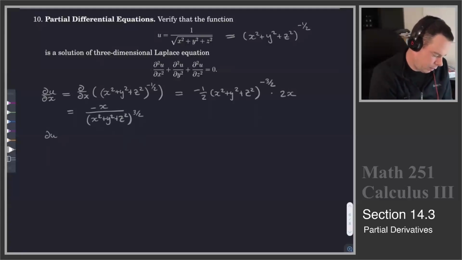Now we're going to go ahead and get our second partial derivative. So that's d squared u over dx squared. That is, we want to compute the derivative of this expression with respect to x.